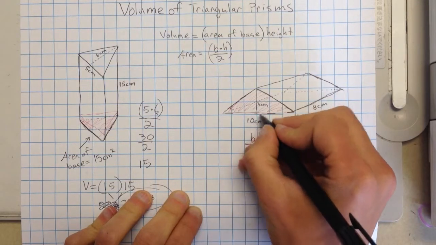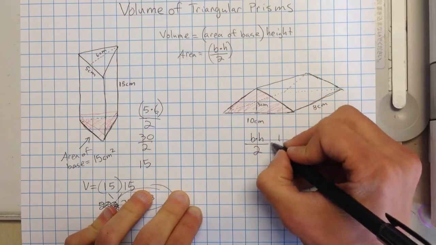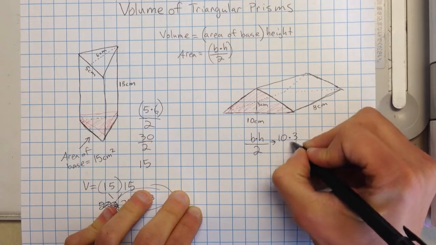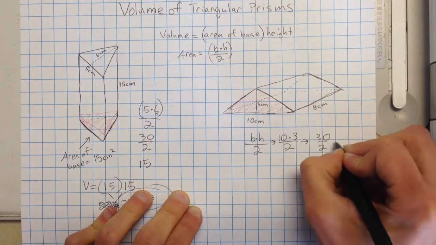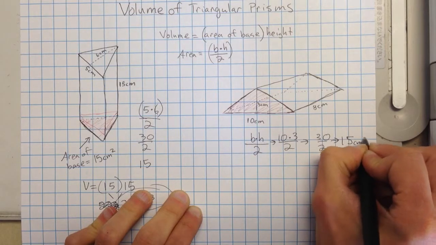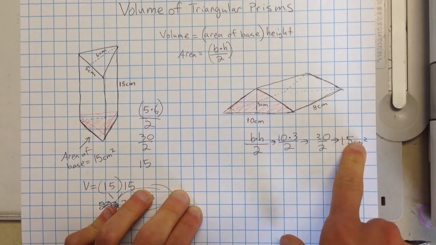So let's see, we've got 10 times 3. Left to right this time. We have 10 times 3 divided by 2. That goes to 30 divided by 2. That goes to 15 centimeters squared.